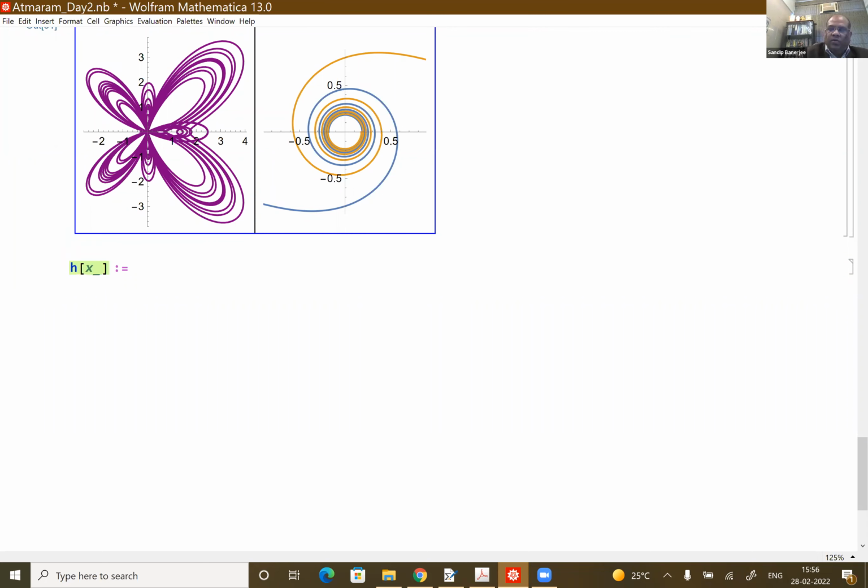You have to use the command Piecewise. So the first is say minus x when absolute x, mod x is less than 1.